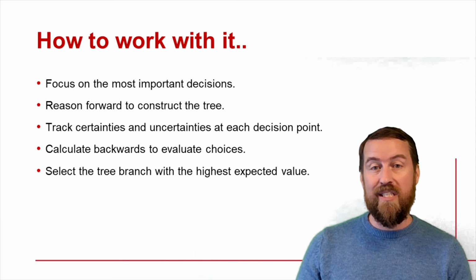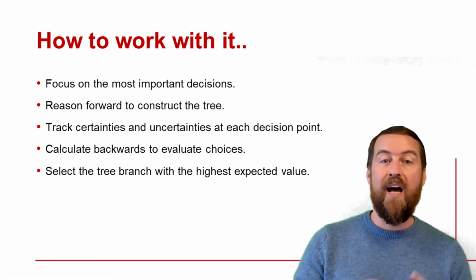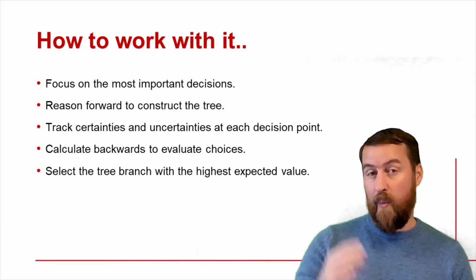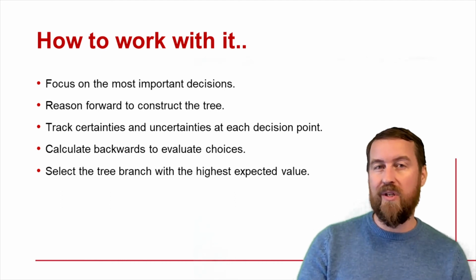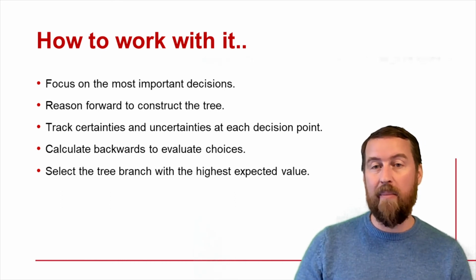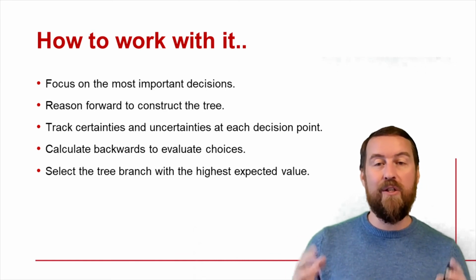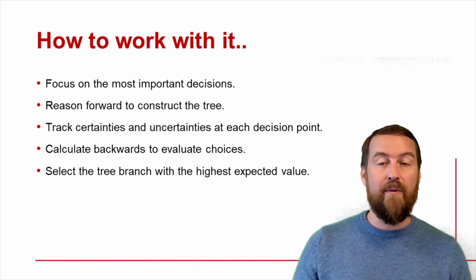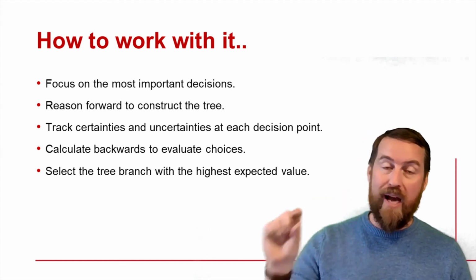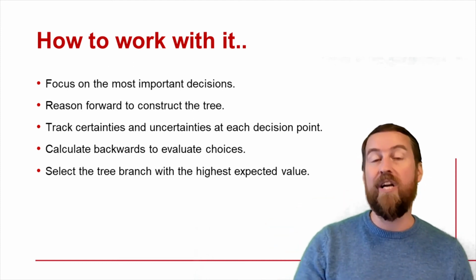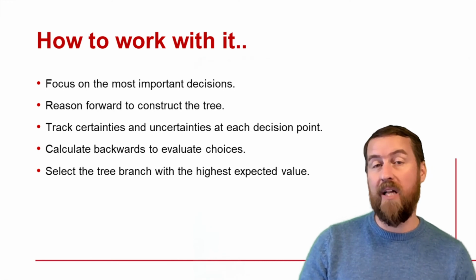We track certainties and uncertainties at the decision points. Where are we now? What are we certain about? What are we uncertain about? And then we calculate backwards to evaluate the choices. And therefore, we can select the tree branch which has the highest expected value.